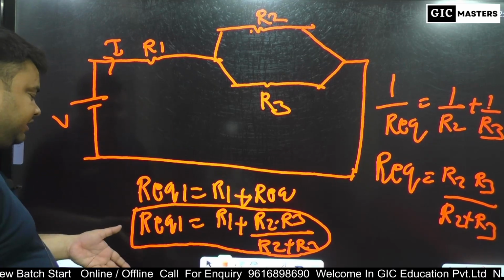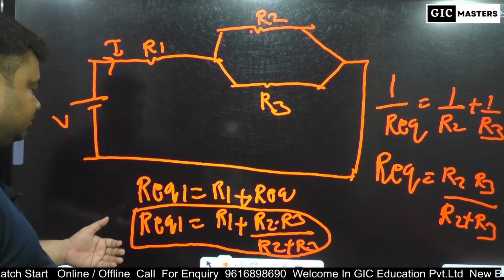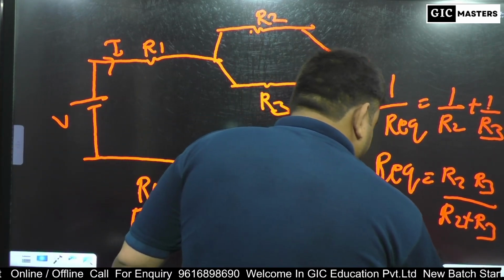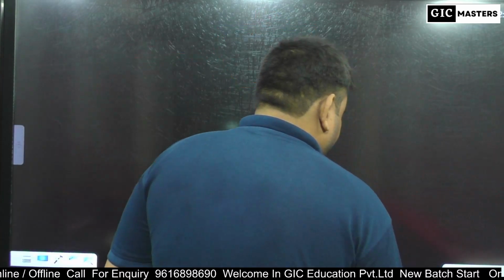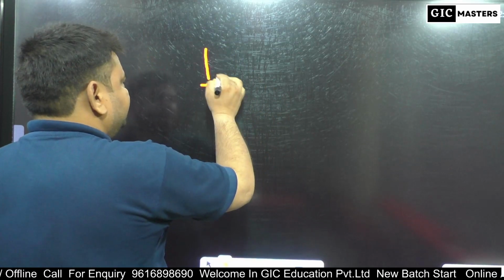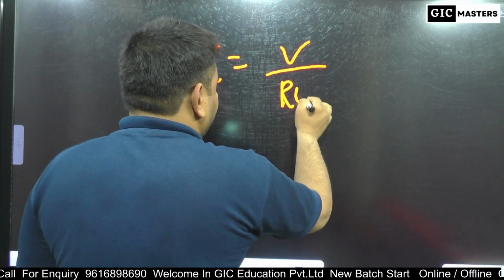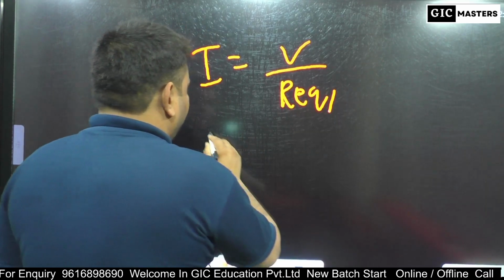After calculating total resistance, we calculate current I. Current I equals V upon R equivalent 1.